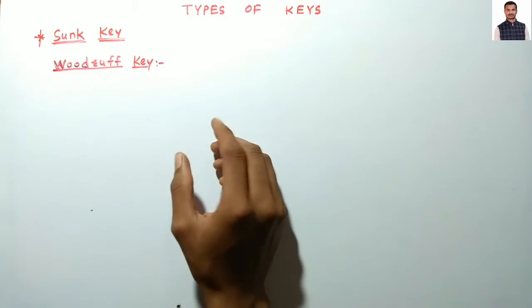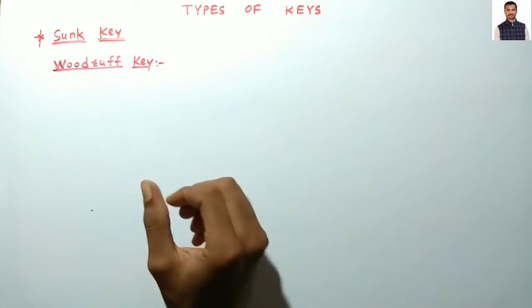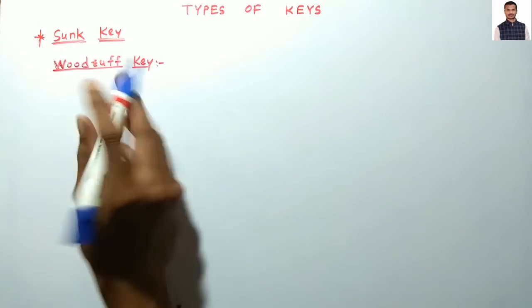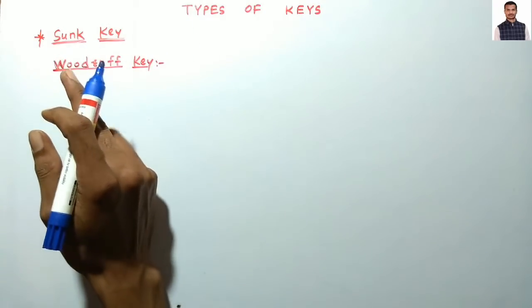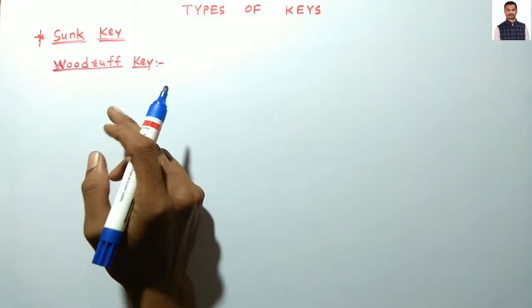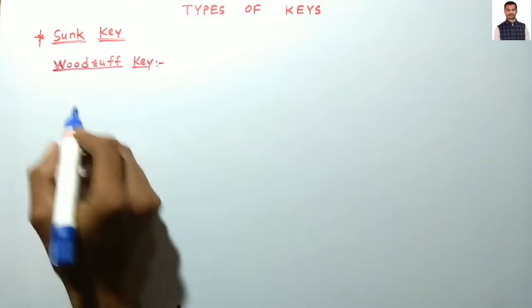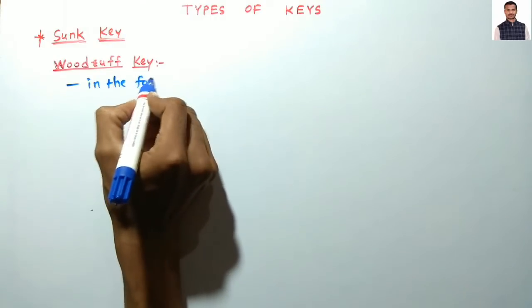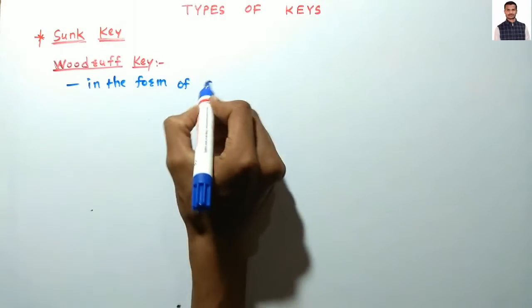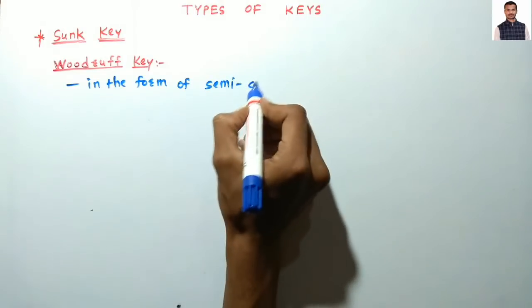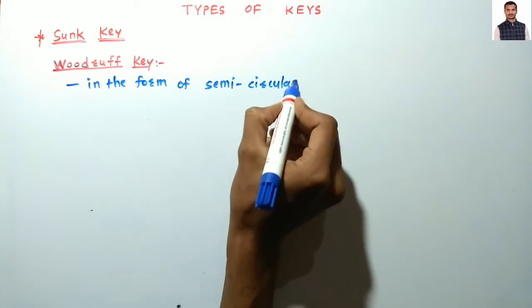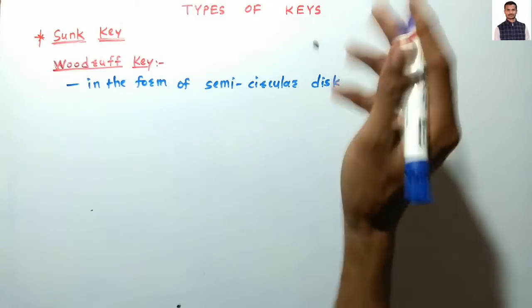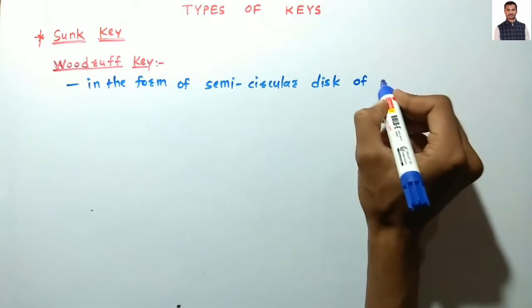Now see the woodruff key. This is also one of the types of sunk key. Now what is a woodruff key? It is in the form of a semicircular disc of uniform thickness.